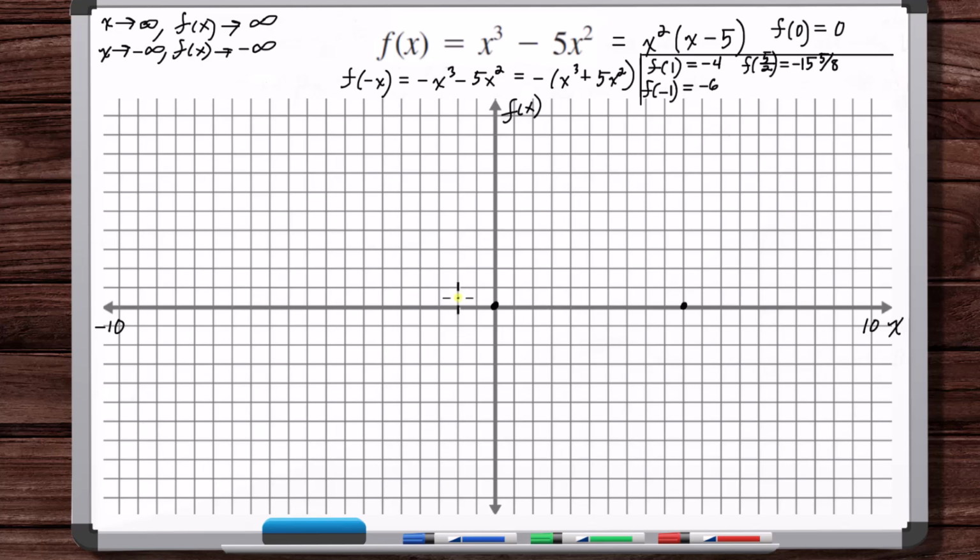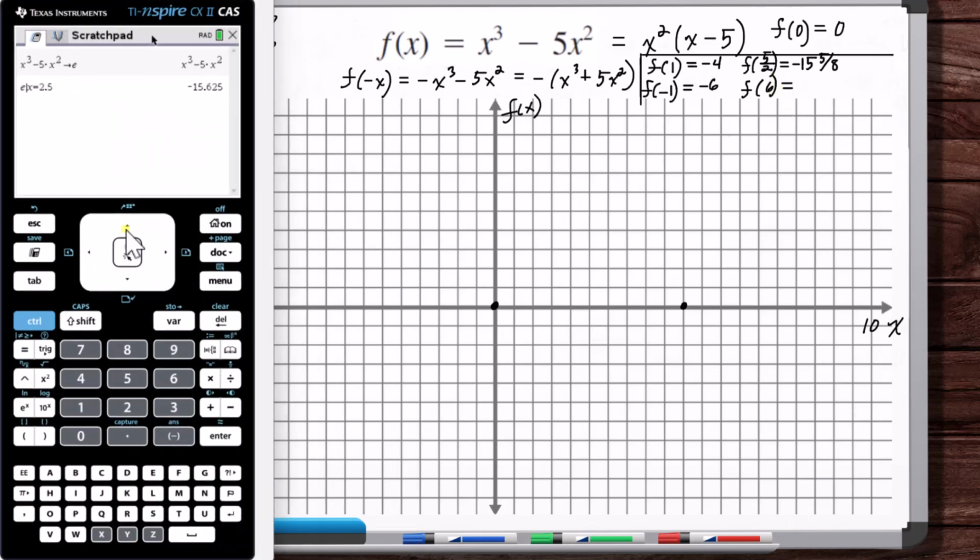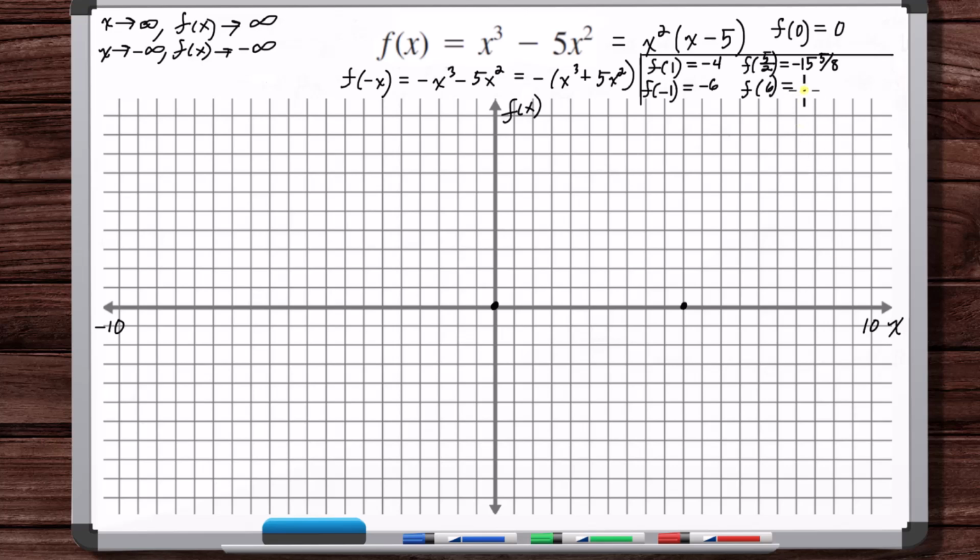Okay, so we've got f of 1, f of minus 1. So now let's do f of 6. $36. So this will be good. You can do more points if you want, but I find this is helpful because, when you're going off to, so as x approaches infinity, the function goes to infinity, you might do something like this, right?